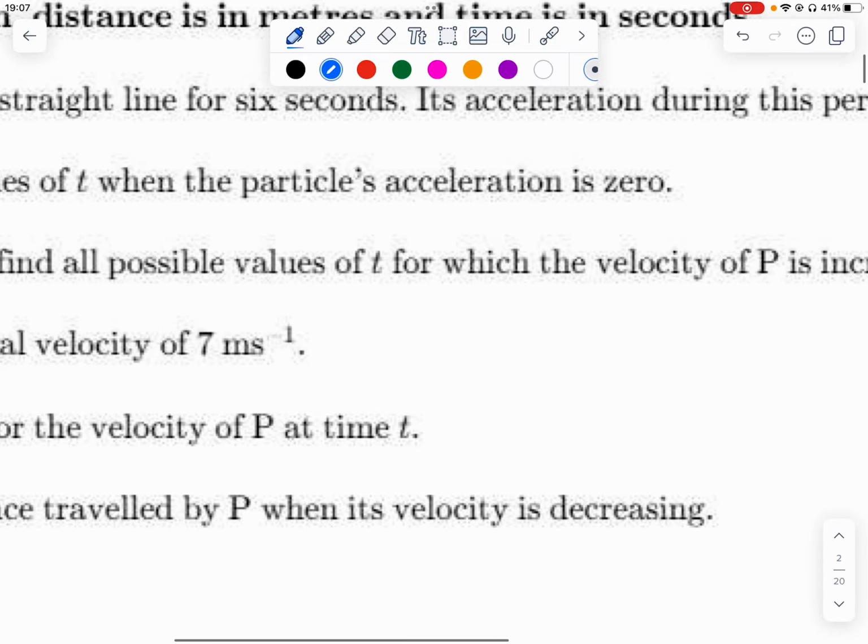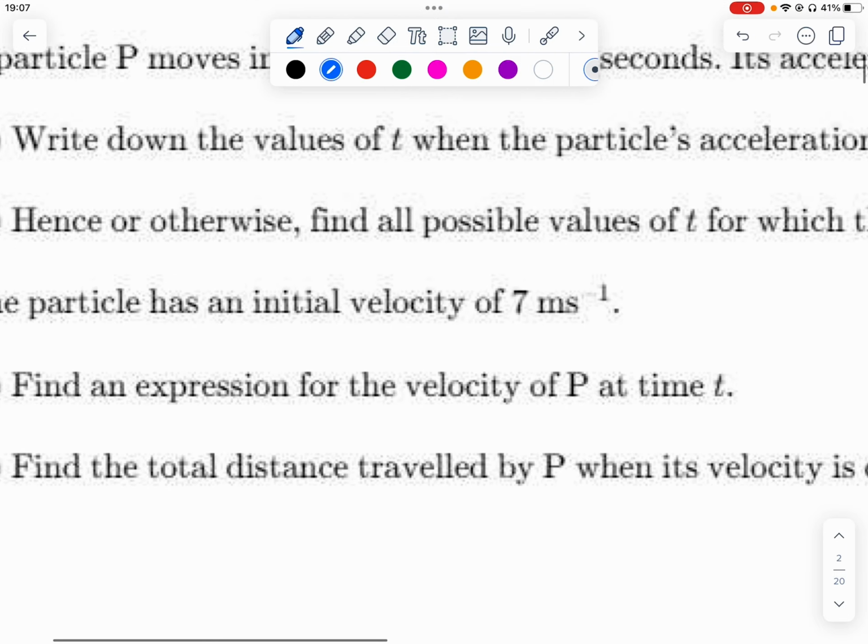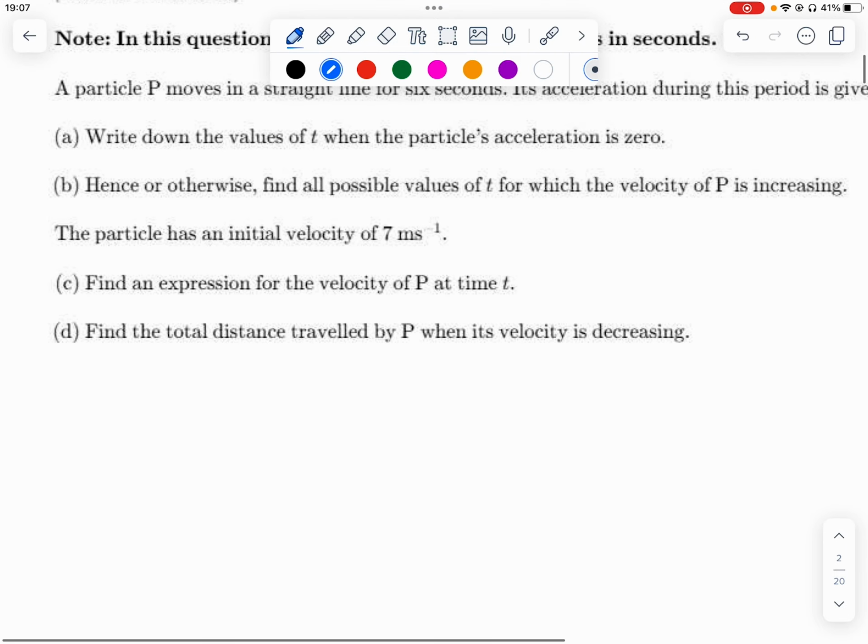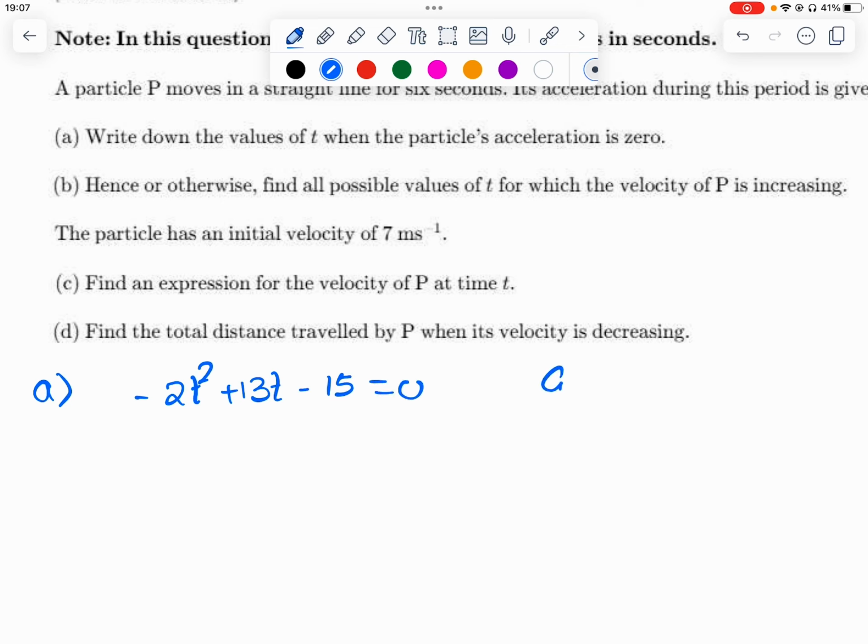Then what is being asked? Find the values of t when the particle's acceleration is 0. So acceleration equals 0 means negative 2t square plus 13t minus 15 equals 0. Use the GDC. You should be able to get the t values as 1.5 seconds and 5 seconds.